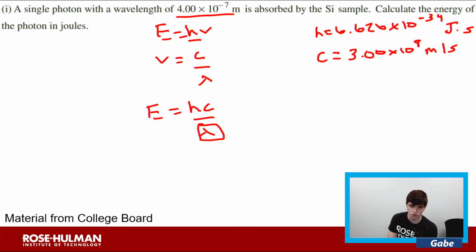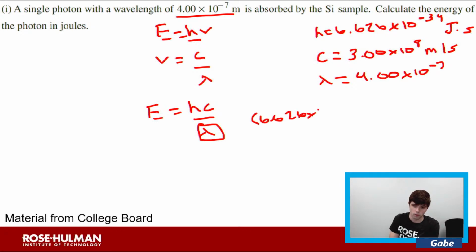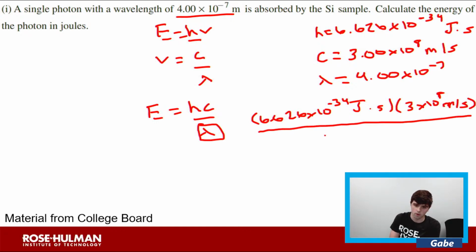So, with all of our information, we also know that λ is the wavelength, 4.00 times 10 to the negative 7th. So, we just plug in all those values: 6.626 times 10 to the negative 34 joules times seconds, times 3 times 10 to the 8 meters per second, all over our wavelength 4.00 times 10 to the negative 7 meters.